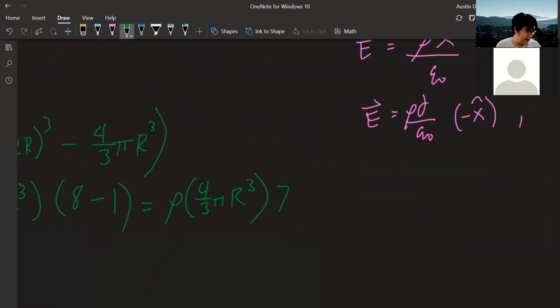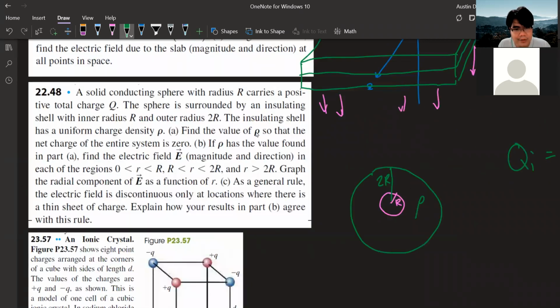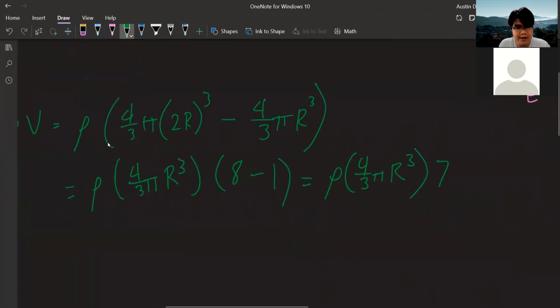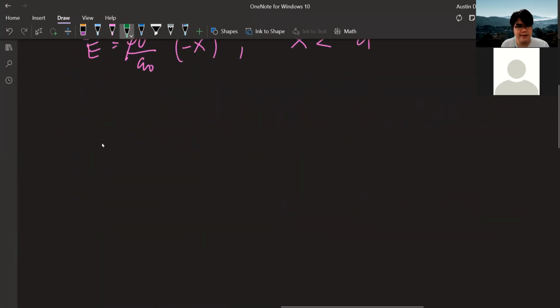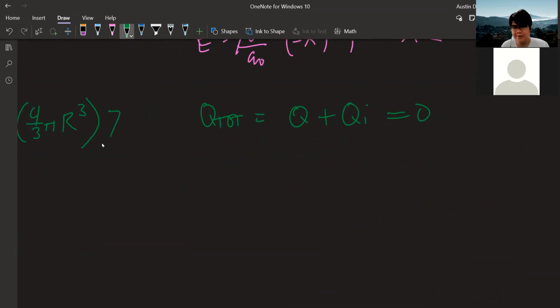Ang tinatanong sa atin would be finding the value of rho so that the net charge of the entire system is 0. The net charge could be given as Q total. So that would be the Q coming from the solid conducting sphere plus Qi. And if we want this to be 0, then Qi has to be the negative of Q. Okay, so solve mo lang dito.